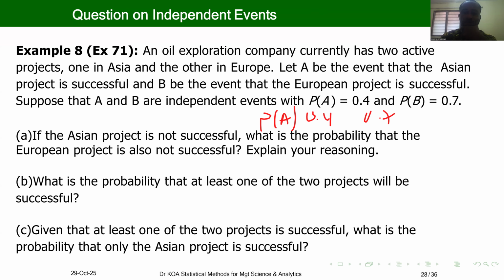And what is the probability of A intersection B? That's what we are subtracting: the probability of A times the probability of B. What is the probability of A? 0.4. And the probability of B? 0.7. So the two of them, what do we do with them? We multiply, and we take that out from the rest.